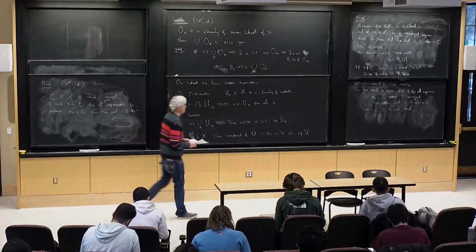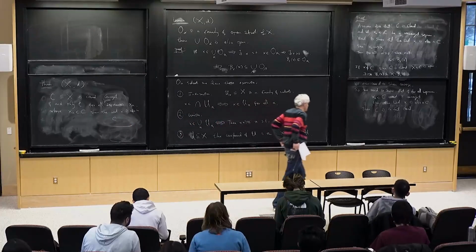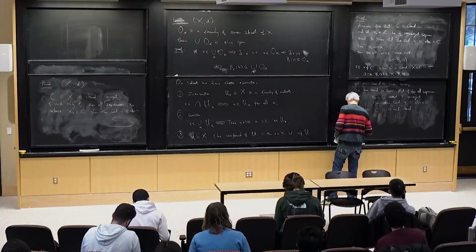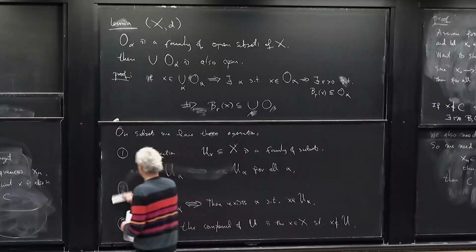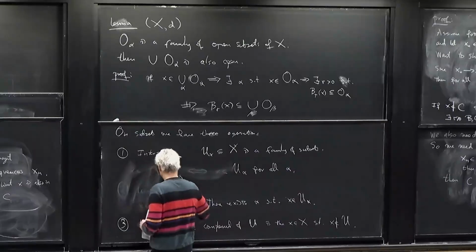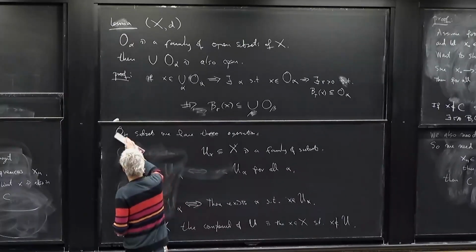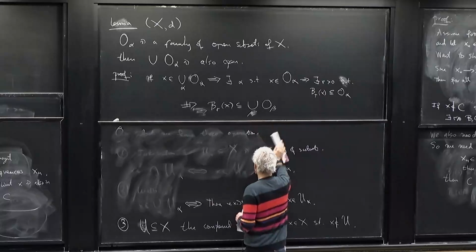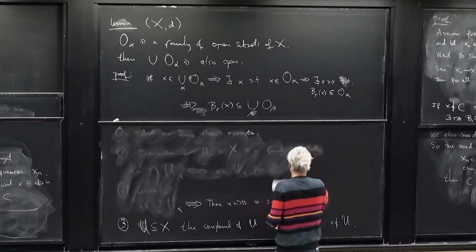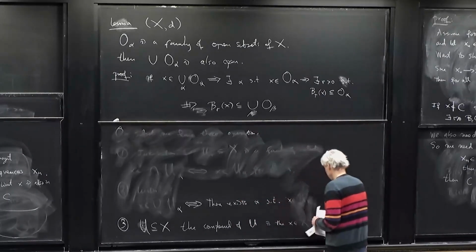Okay, so now let's suppose we have this property, that for all convergent sequences in the set, the limit is also in the set. Now let's prove that the set is closed.